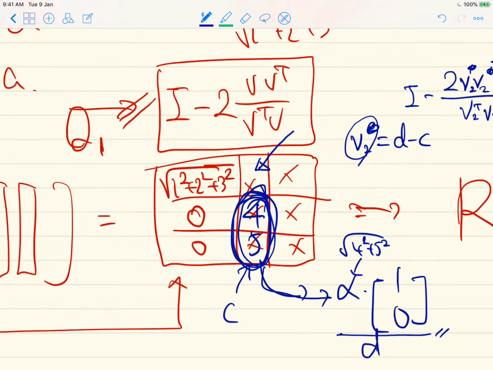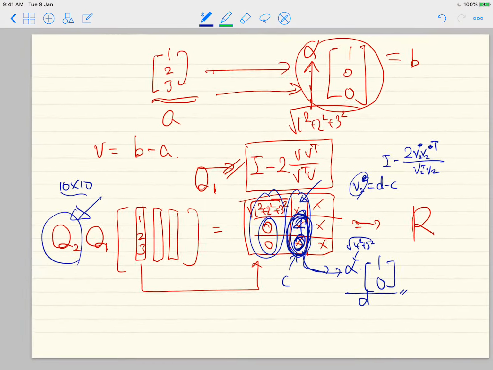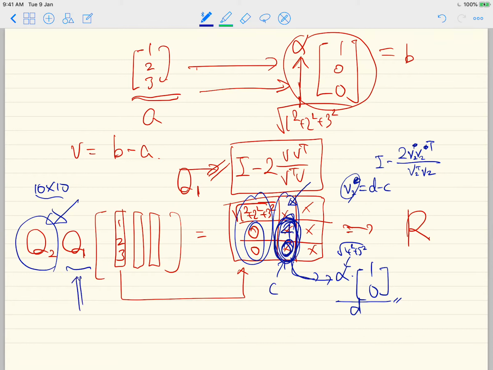Then we will make 0 in the second vector over here, and so on, right? That way we obtain the upper triangular matrix R. And once we compute this Q1, Q2, and so on, this part is basically our orthogonal matrix transpose.